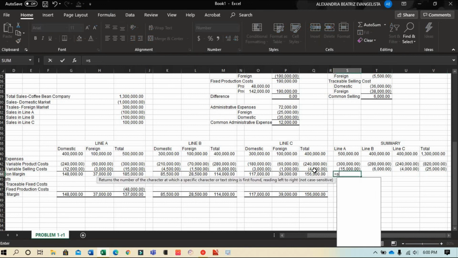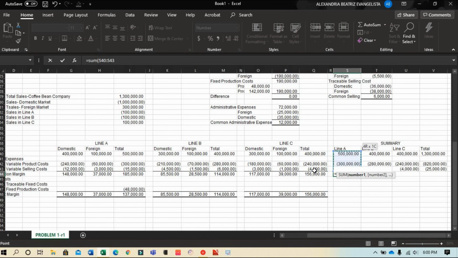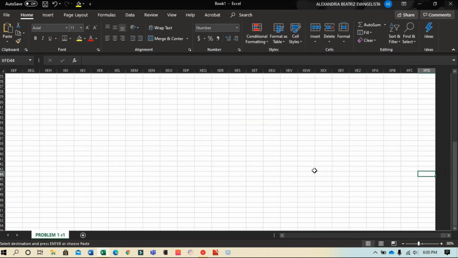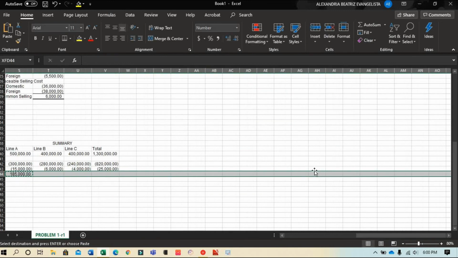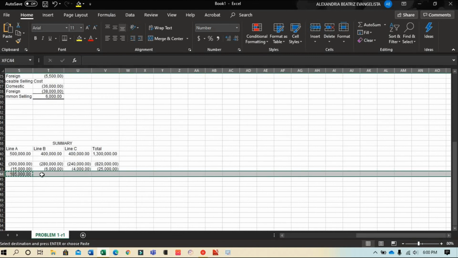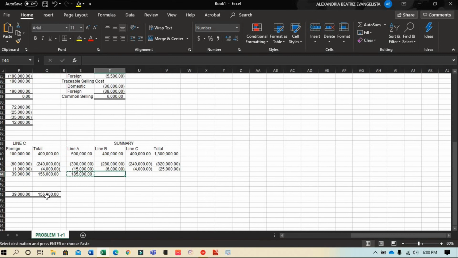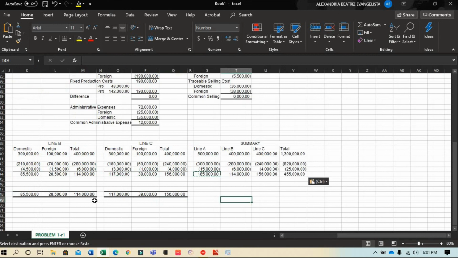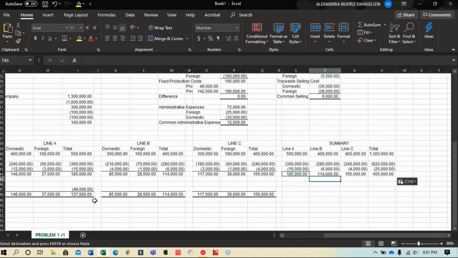And contribution margins, oops, and there you go.